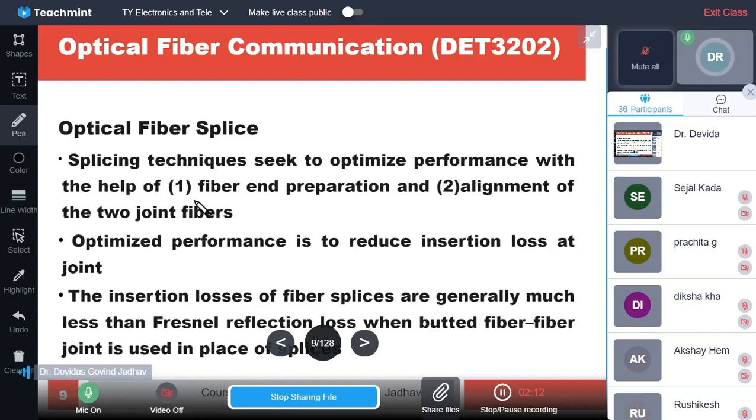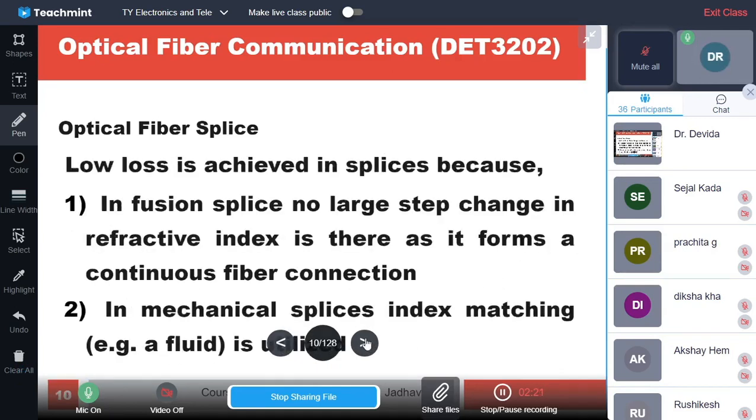So before splicing we have to prepare the fiber end, that is fiber end preparation, and we have to align the fibers. Fusion splice continuity is there, no large step change is there.